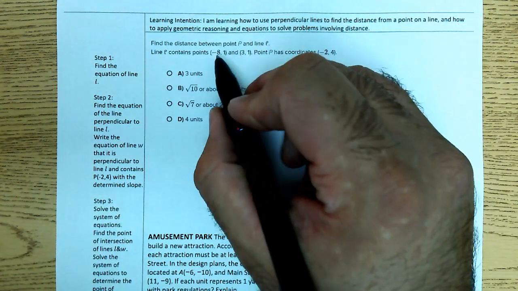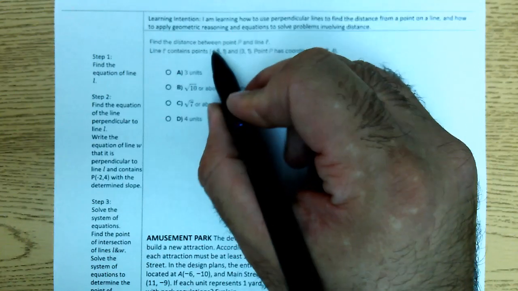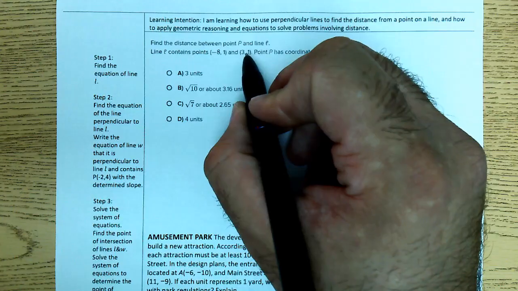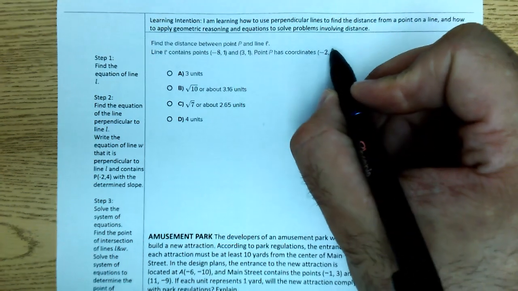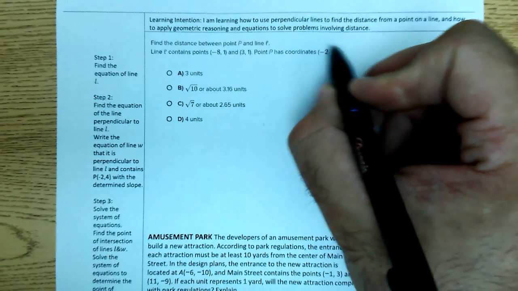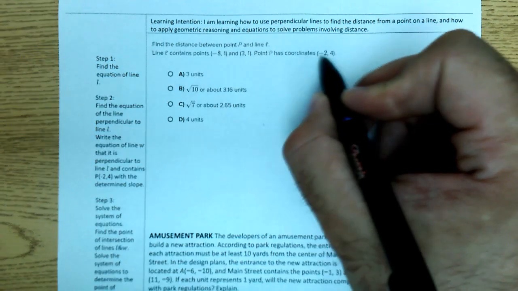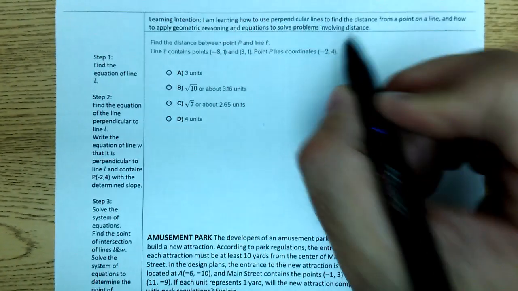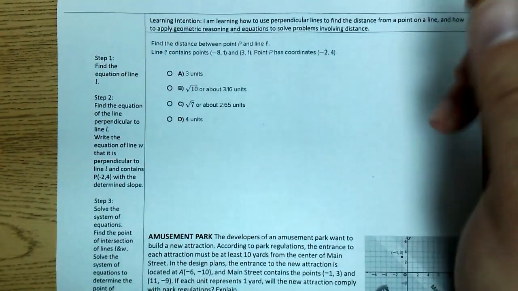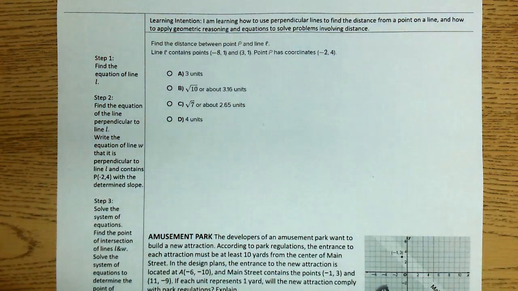We're going to find the equation between these 2 points. Then we're going to find the equation of the line perpendicular through this 1 point. Solve the system of equations, use the distance formula. So, if you need to use that left side for this, use the left side for it, please.